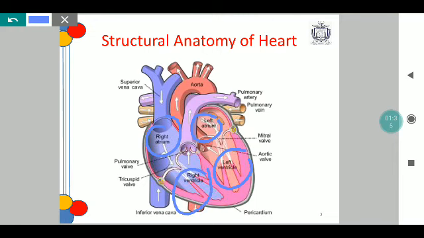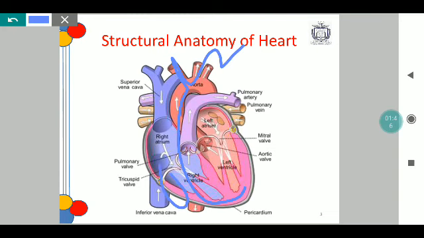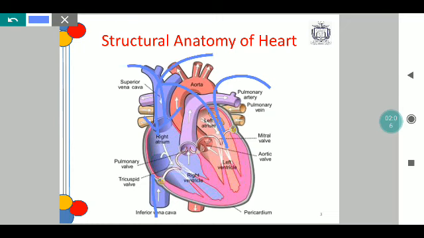Structurally, we know that the aorta arises from the left ventricle, goes upwards, outward, and gives out the various branches, and from the right ventricle arises the pulmonary trunk, which divides into pulmonary arteries. From the lungs, the circulation returns through the pulmonary veins and enters back into the left atrium, and from the inferior vena cava and the superior vena cava, blood enters the right atrium.